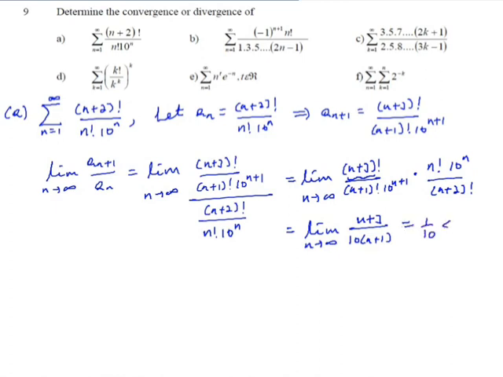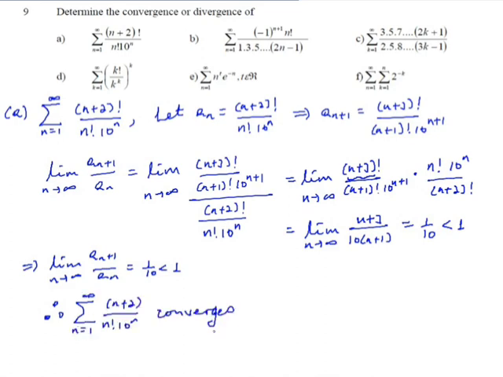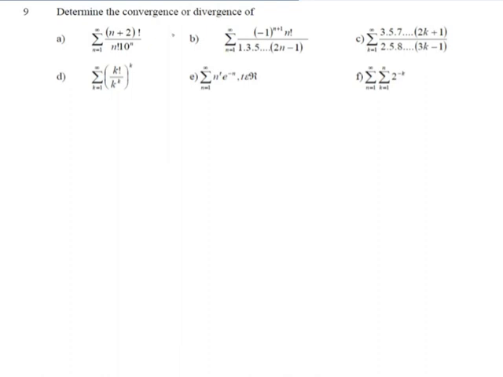Okay, this is a number less than 1. The limit of the n plus 1's term by the n's term as n approaches infinity is 1 over 10, which is less than 1. Therefore the series converges.